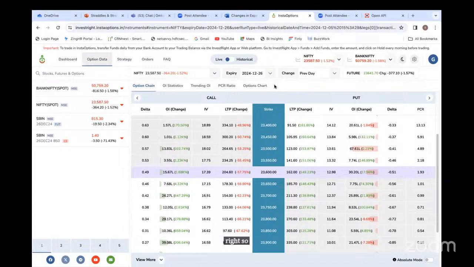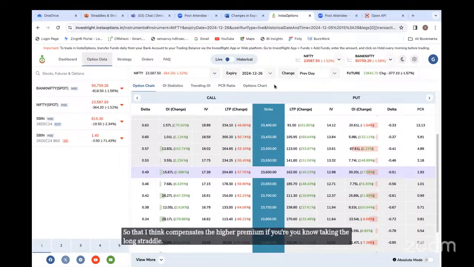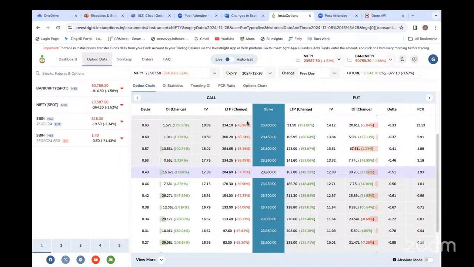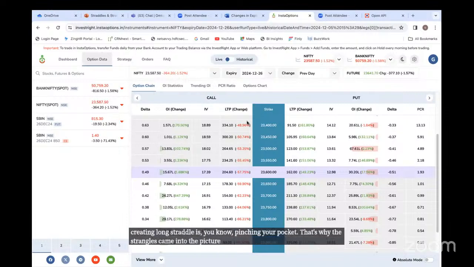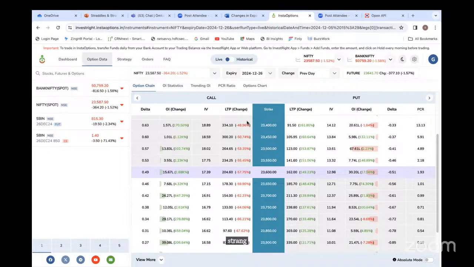So I think that compensates for the higher premium. If creating a long straddle is pinching your pocket, that's why strangles came into the picture. As I told you, strangles are cheaper than straddles, so you can shift to strangles if that is the case.